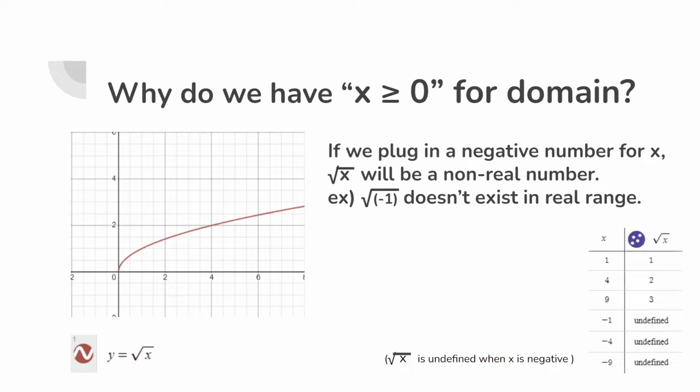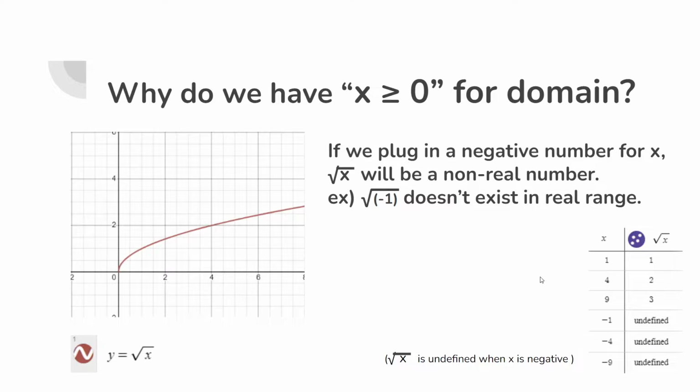First, we're going to look for its domain. If we plug in a negative number for x, for example, negative 1, negative 4, or negative 9, the output or the y value doesn't exist in real numbers.